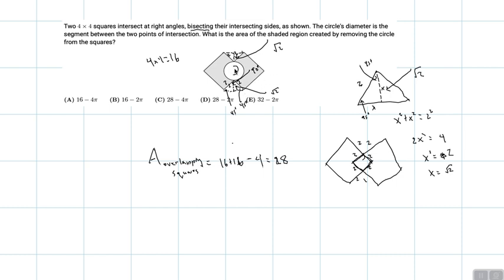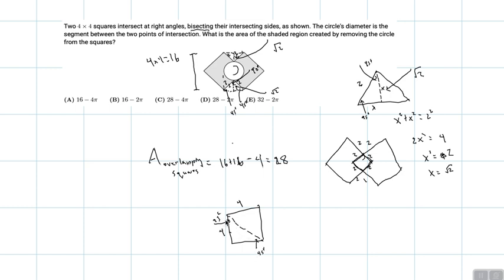Now we're going to use this to find the diameter of the circle and eventually the radius and the area. This whole length is really just the diagonal of this 4x4 square. So if we can find the value of the diagonal of the 4x4 square, then we can find this whole length here. This is a 45-degree angle, and this is a 45-degree angle.